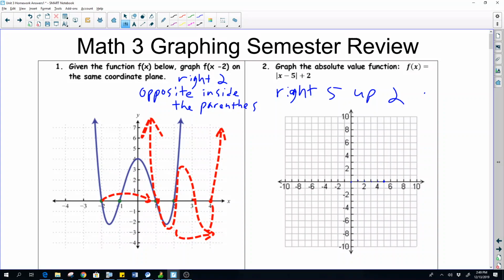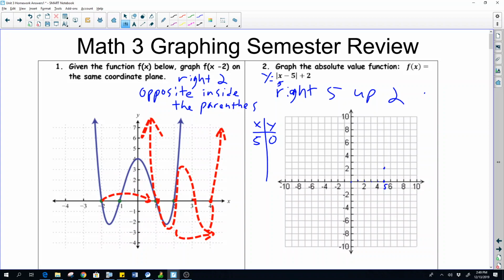And the reason why is if you plug in a 5, 5 minus 5 is 0, right? Let's say you did an xy chart, and you chose x to be 5 and plugged it in, you got 5 minus 5 is 0. So that's our vertex, 5, 0. Hopefully that makes a little bit more sense why we do the opposite inside. And then up 2.